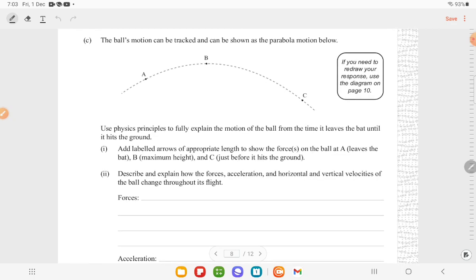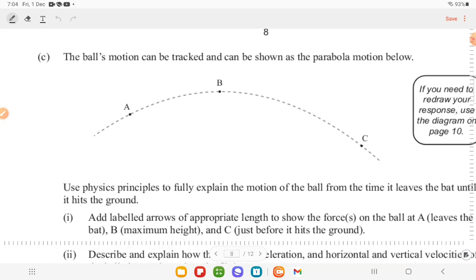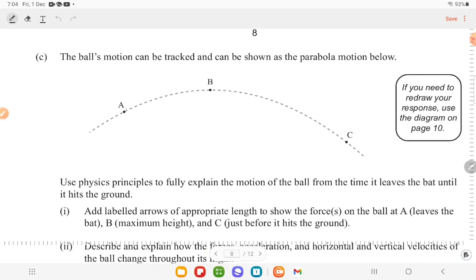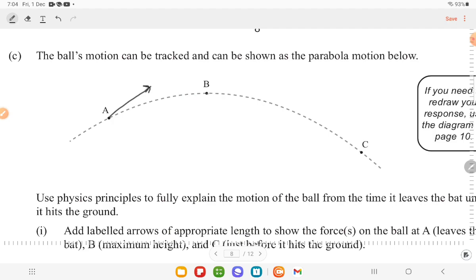Use physics, add labeled arrows of appropriate length to show the forces on the ball at maximum height. Okay, so basically, at A there's this momentum and force going upwards, but then at max height there's only this. So basically the initial vertical force is strong enough to overcome the gravity force.